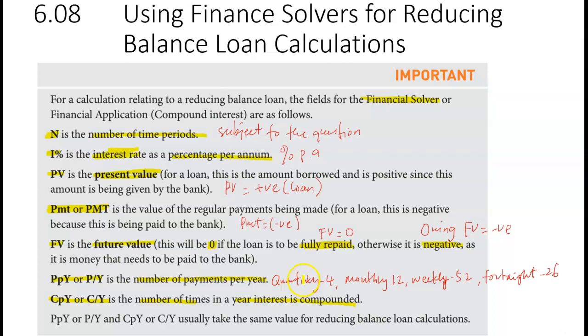If they state terms like quarterly, monthly, weekly, or fortnightly compounding, then I can use the values as discussed earlier. But do take note, this is for compounding, and that is for payment. For the reducing balance loan, normally the PPY and the CPY take the same value.